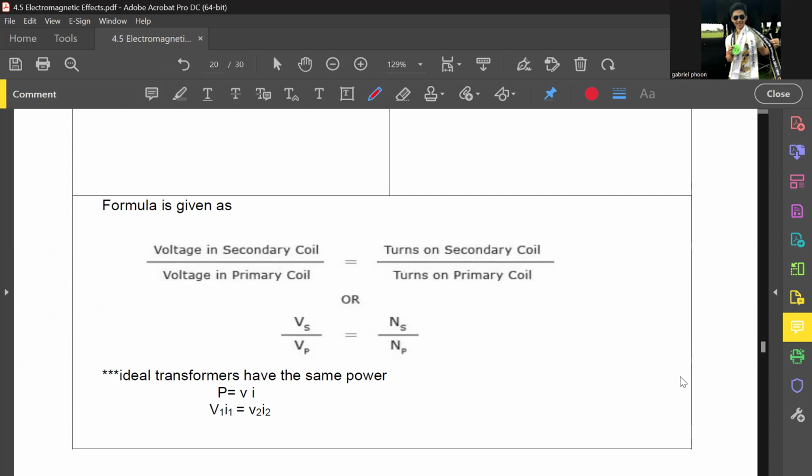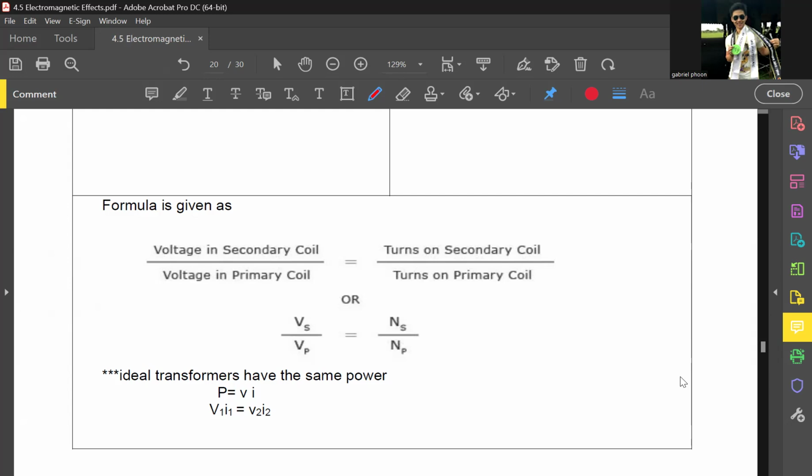For the first A, you get 300 turns. Wait, I'm cooking. Give me a second. Current of the second coil.